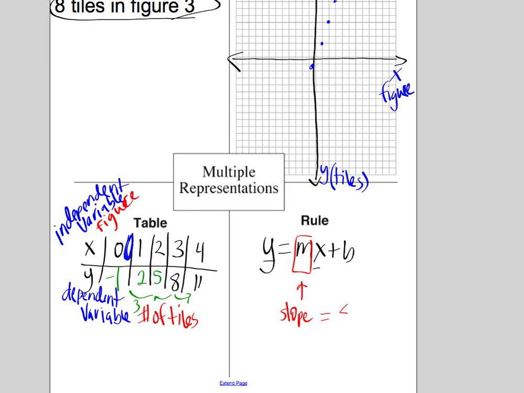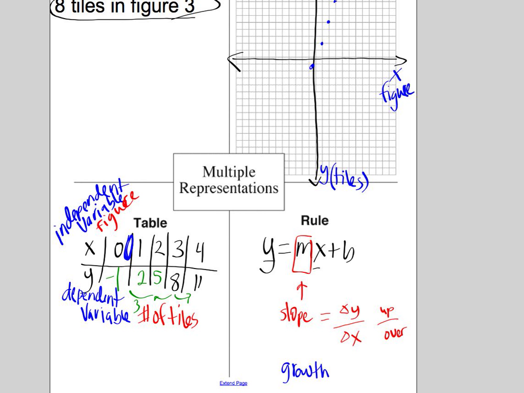How much does it go up? And then how much does it go over? X and Y. Y is up and down. X is left and right. We also have called this slope growth because that just makes sense when we're talking about tile patterns. What's it growing by? Slope is a growth. It's just a fancy math term to talk about how quickly things are growing.